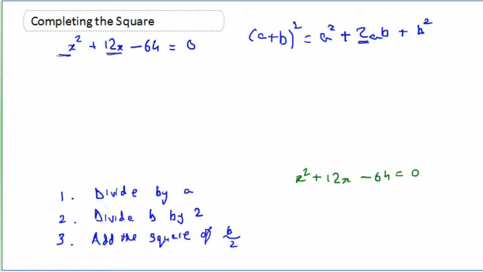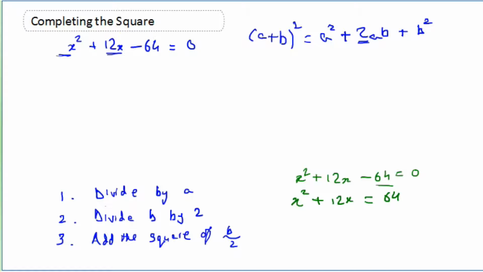We want 64 on the other side because we are really concerned with x's on one side and everything else on the other. So we add 64 to both sides of the equation. So x squared plus 12x minus 64 plus 64 gets cancelled out, and 0 plus 64 on the right becomes 64.